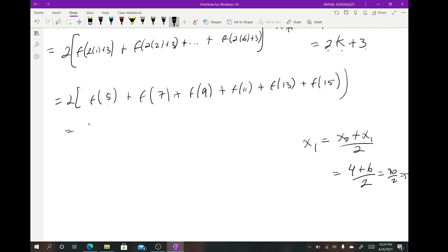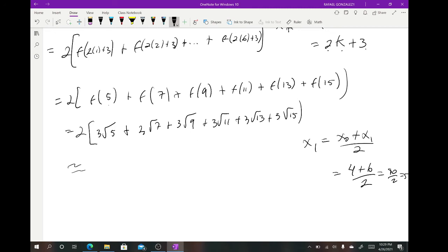In any case, just to make a long story short, this is 2 times 3 radical 5 plus 3 radical 7 plus 3 radical 9 plus 3 radical 11 plus 3 radical 13 plus 3 radical 15. None of these numbers have a square root, so I'm not even going to bother to simplify them.